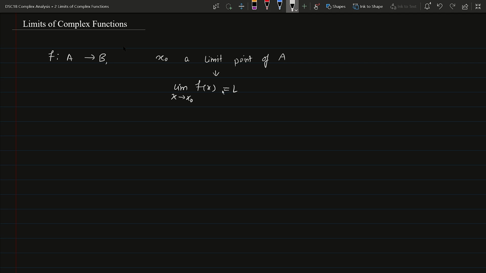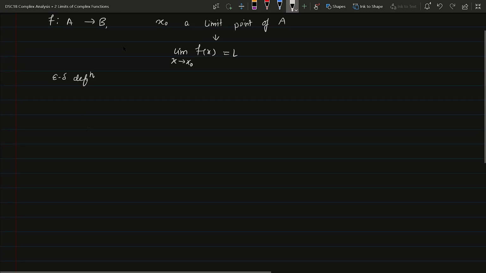For this we have talked in two ways in the main concept. The first was that whenever we are writing limit x tends to x naught f x equal to L, then first is the epsilon delta definition for limit.